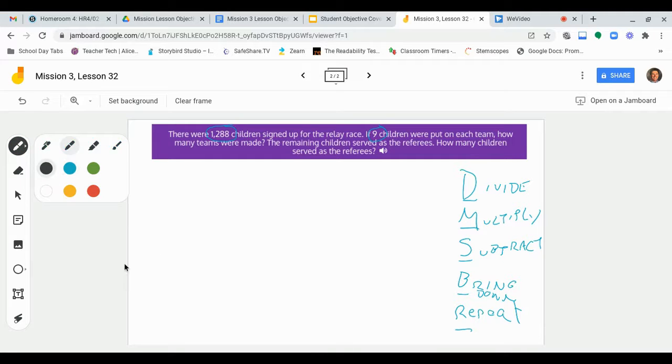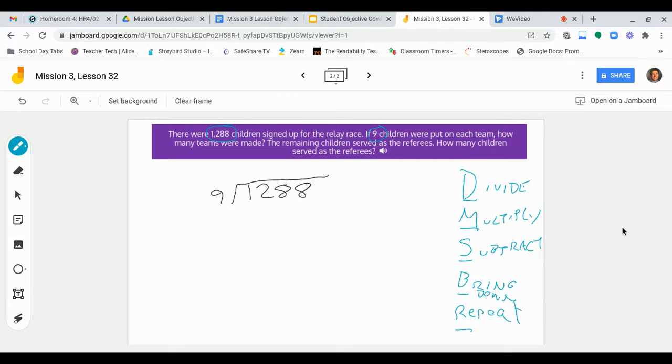My total is 1,288, and I'm dividing it by 9. That's a horrible looking 9. There we go. 1,288 divided by 9. And now I'm just going to follow my division steps to do this.